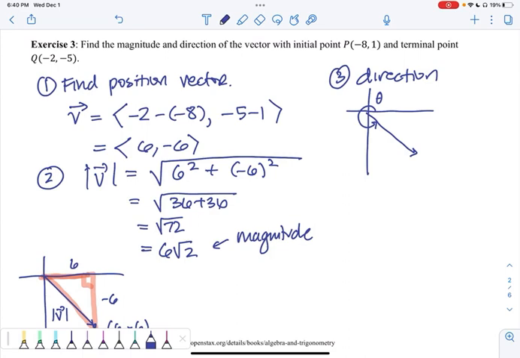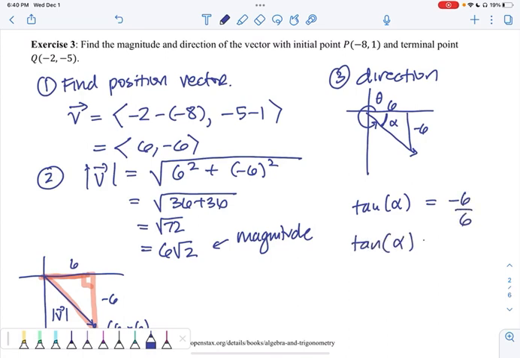But I could also just say that, if I wanted to know what this angle was here, I'll call it alpha. If this is 6 and this is -6, then the tangent of alpha is just opposite over adjacent. So if the tangent of alpha is just equal to -1, then alpha would just be -pi/4.